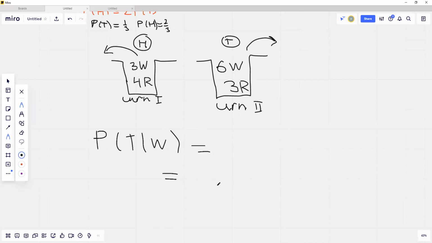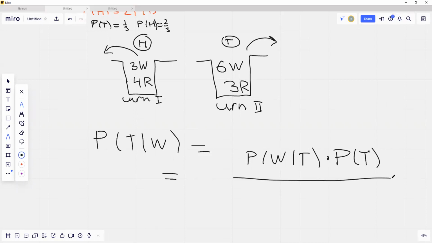So let's apply Bayes' theorem here. Then this expression is equal to the probability of drawing a white chip given that our coin came up tails, multiplied by the probability of tails. There are two events that partition our sample space: either our coin came up heads or tails.